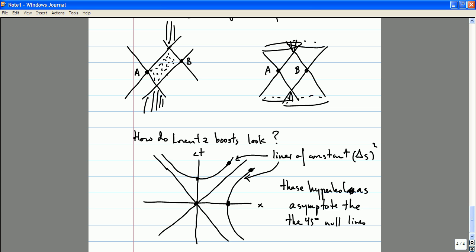Sure. If I understand your question correctly, I'm not sure if I do, you could imagine that you have an observer or an event, say event A, and you have some other event B, which is lying exactly on the future light cone.